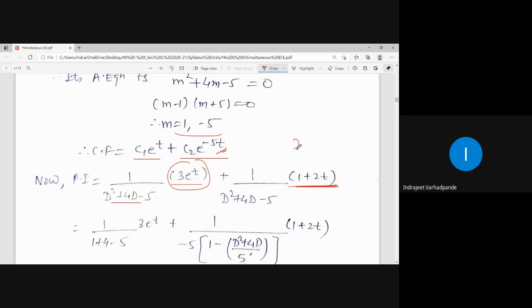1 + 2t can be considered as 2t + 1. With what term can it be considered? It is case number 3, polynomial x^m. How many derivatives of this term will exist? 1. What is the degree of this polynomial? You can treat this as 2x + 1. It is a linear polynomial.